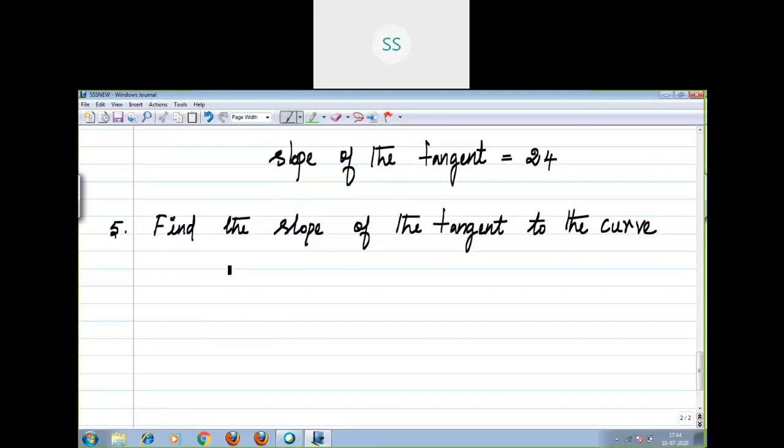Curve x is equal to a cos cube theta, entirely different the sum is, right? Y is equal to a sin cube theta at theta is equal to pi by 4, right?